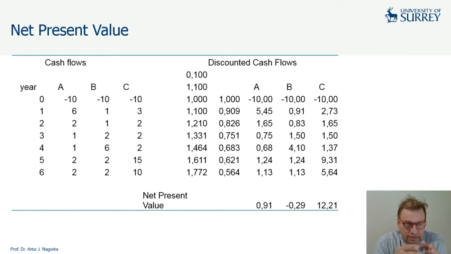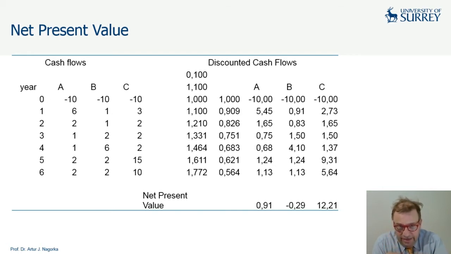Similarly, in the same project A, the flow for year 2, which is 2, we discount by factor 0.826, and we come to the figure 1.65. The same nominal 2 that comes in year 6 has to be discounted by the factor 0.564. And then it's pretty obvious that in present value it's valued less, because in present money it represents only 1.13.